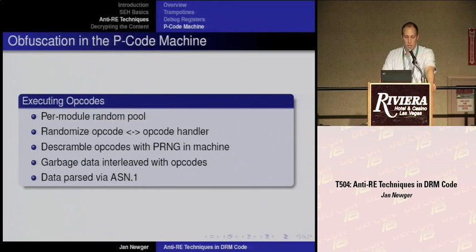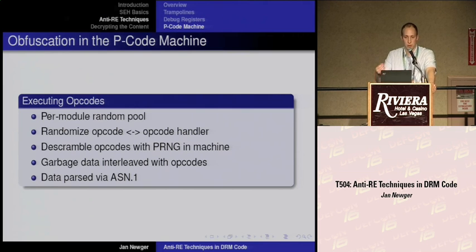Okay, so now how are the opcodes executed? Every module actually has a random pool which is used to randomize the assignment between opcode and associated handler. And this just means that every opcode file has a totally different opcode for, say, addition or decrypt music.